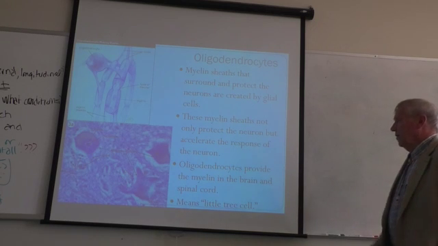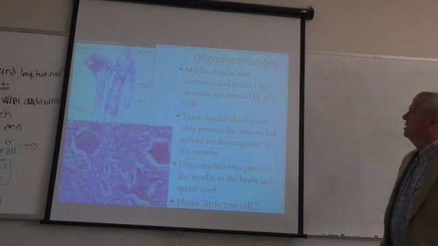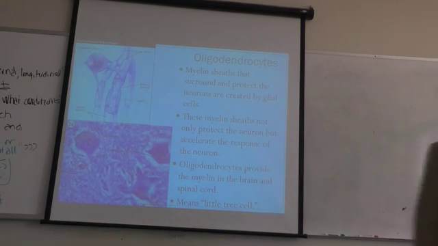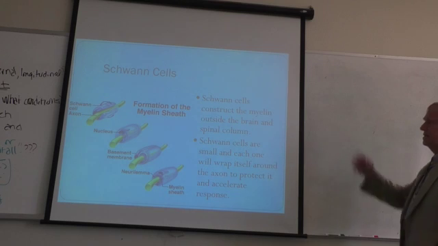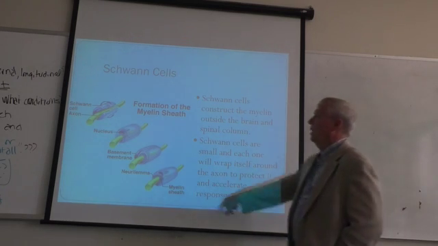Oligodendrocytes provide the myelin in the brain and the spinal cord, and the name means a little tree cell. As you can see, it does look like a little tree to some extent. Schwann cells construct the myelin outside the brain and spinal column. They are small, and each one will wrap itself around the axon to protect it and accelerate the response.